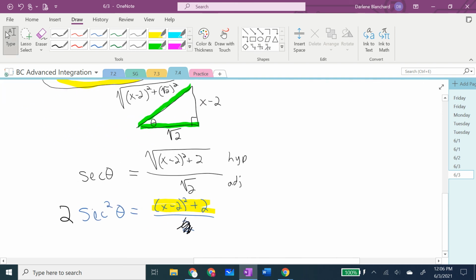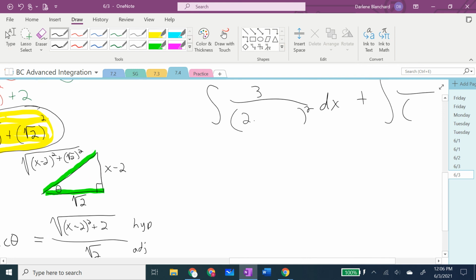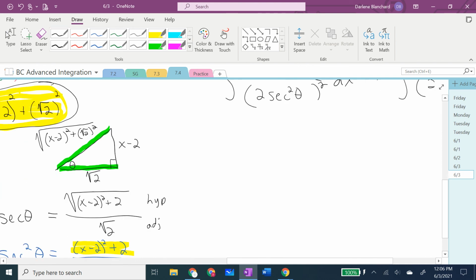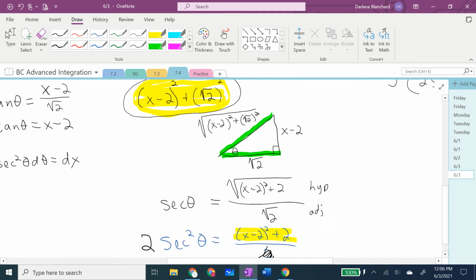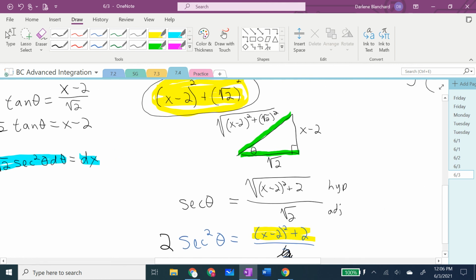The highlight is equal to 2 secant squared theta. And then I have to substitute into the dx. And the dx is equal to root 2 secant squared theta d theta.